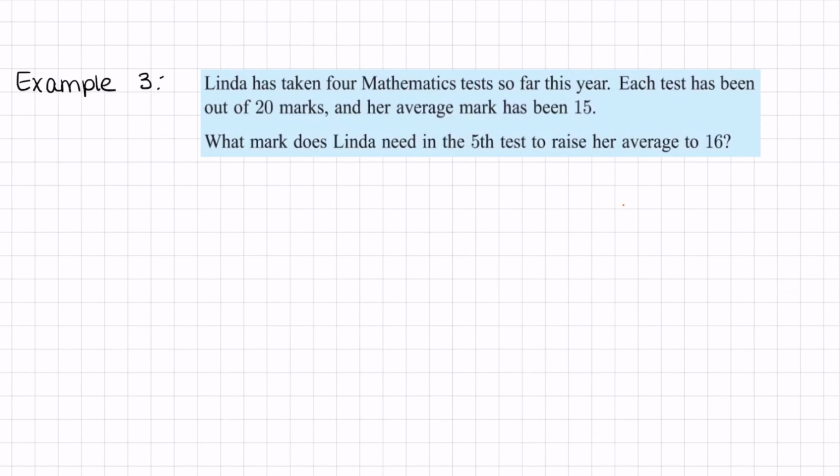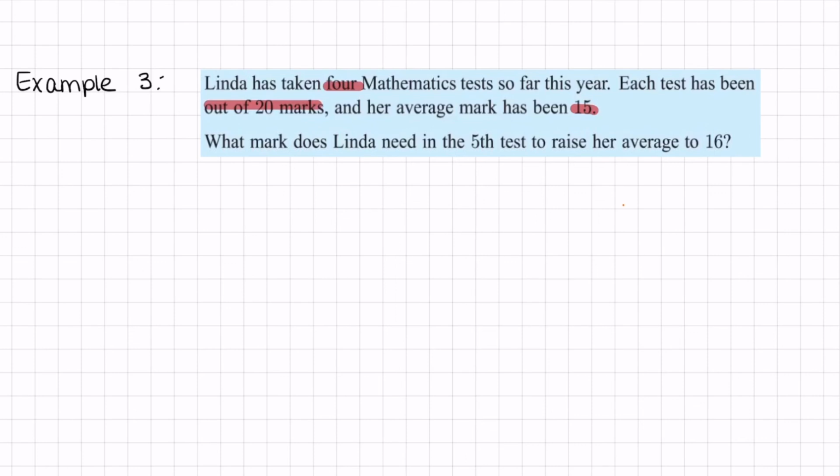So there's a couple of steps we have to do to work this out, but we're still going to be using the mean formula, but we're going to need to rearrange it. If we first look at the first bit of information, we know that each test has been out of 20 marks and her average was 15 and she's done 4 tests, which means we can work out for those 4 tests what her sum was.